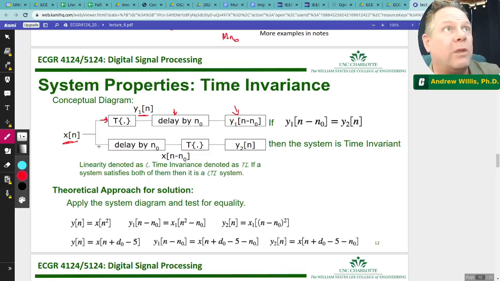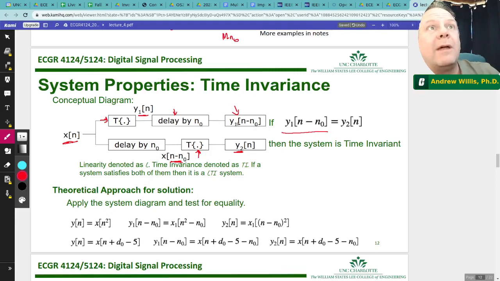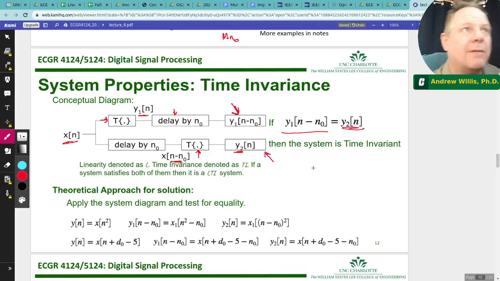In this case, we delay the input by n naught samples, and we get x of n minus n naught. Then we input that to the system, and we get another output, y2. Now the system is time invariant if y1 of n minus n naught, the signal that we get at the top branch, is equal to y2 of n, the signal we get at the bottom branch. That is how we test time invariance.